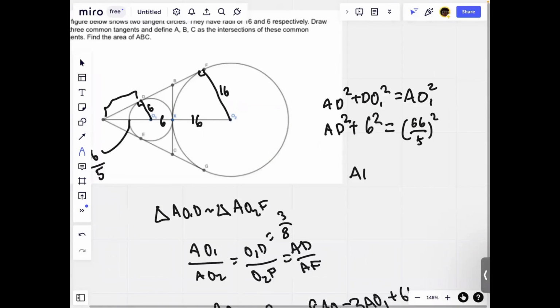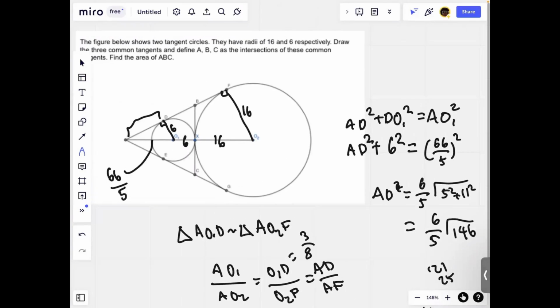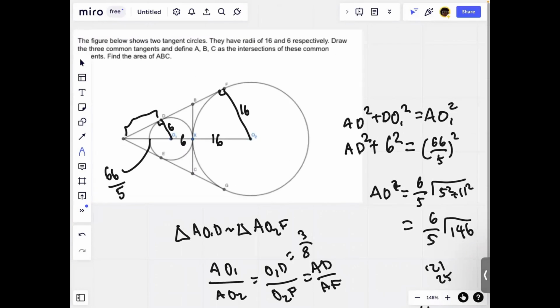So then AD is equal to the square root of (66/5) squared minus 6 squared, which is equal to 6/5 of the square root of 146. Okay, so we know that AD is 6/5 of the square root of 146, so we'll write that.